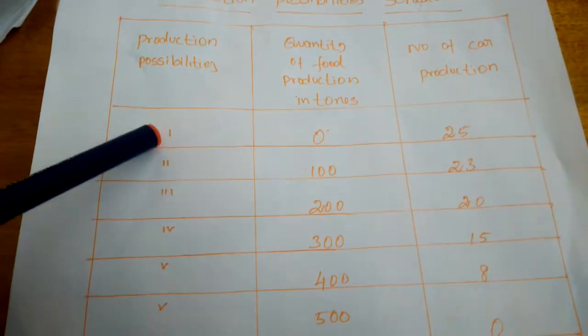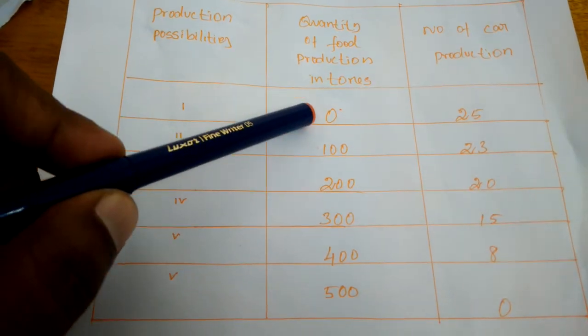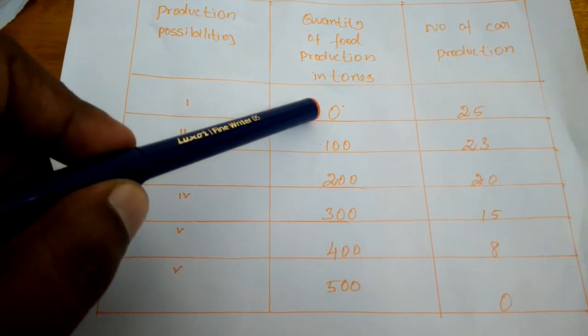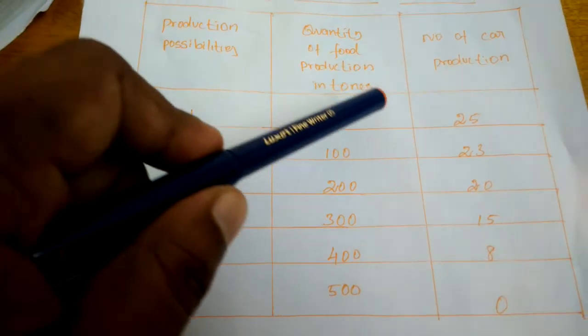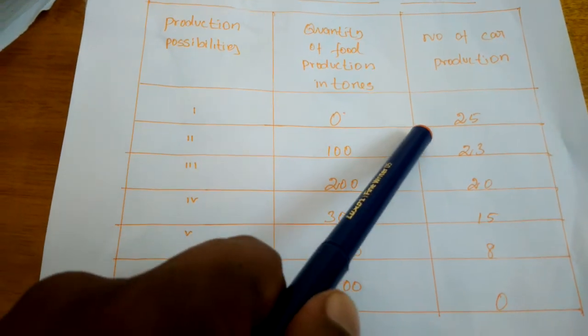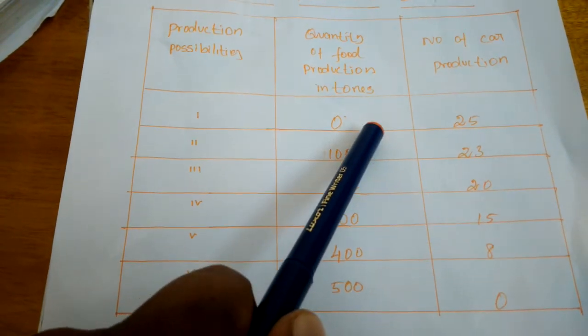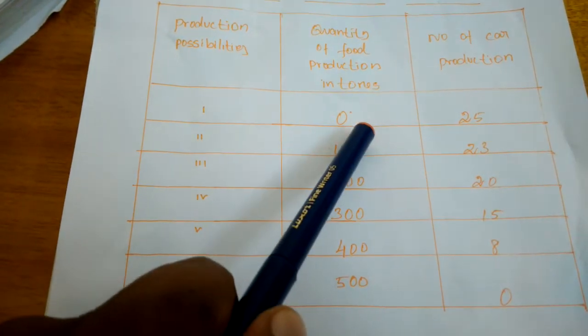Here there are 6 possibilities. In the first possibility, the government can produce 0 tons of food, but 25 cars. If the government chooses to produce 25 cars, it will be unable to produce food.